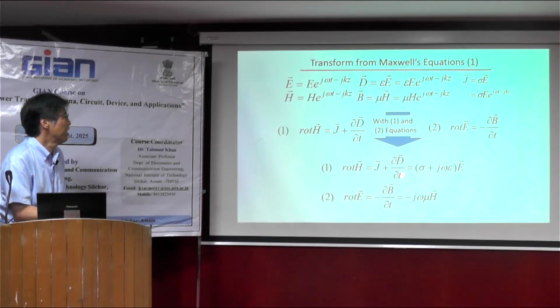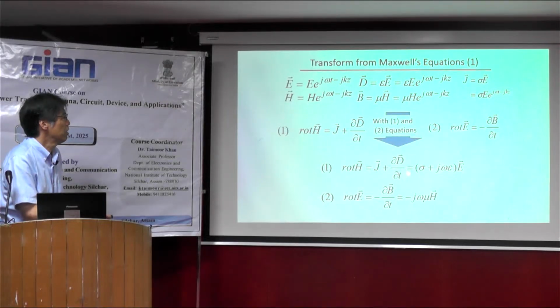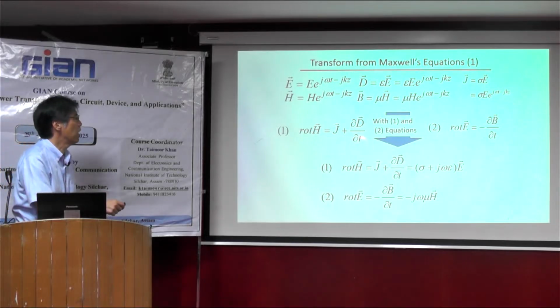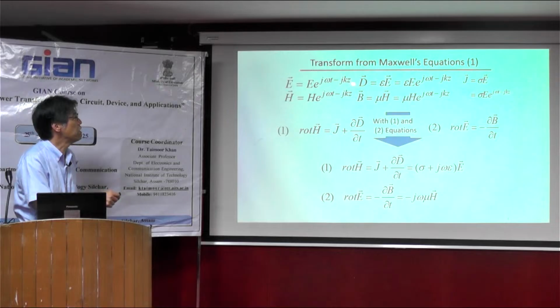And this right-hand term can be changed to this formula because it involves J, and the ∂/∂t converts it to jωεE here. This is a term of time t. So we can transform this term to jωεE.